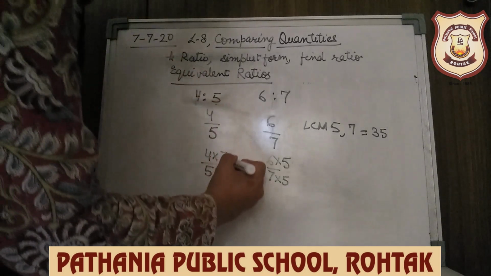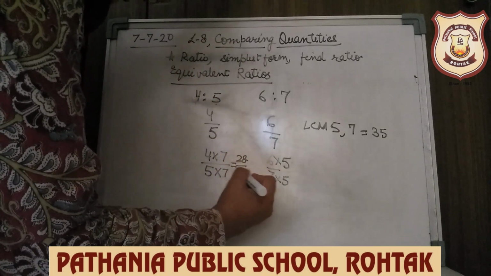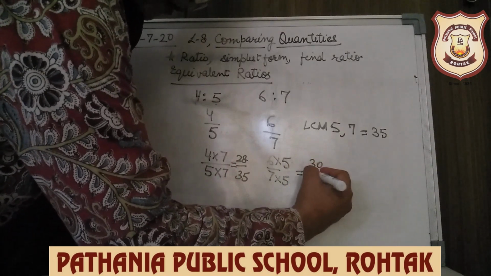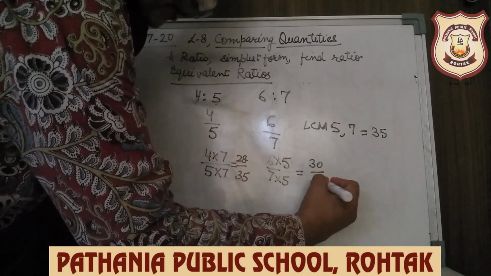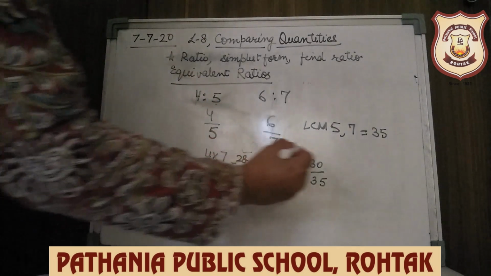So this fraction is going to be 28/35 and this is going to be 30/35. Now see, both are not equal.